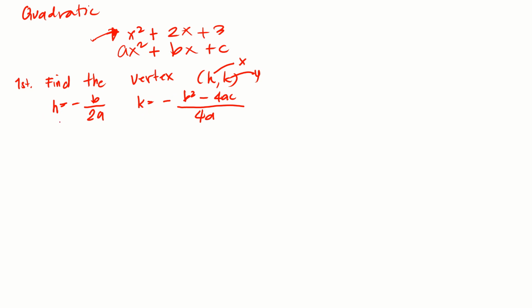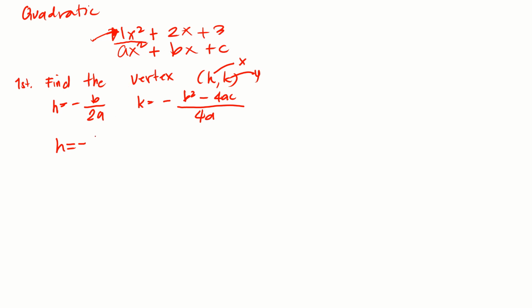I'm just going to solve for h and then later on use the given quadratic equation to solve for the value of k. To solve for h, just simply substitute. So what is the value of b? From our given quadratic, a is equal to 1, b is equal to 2, and c is equal to 3.